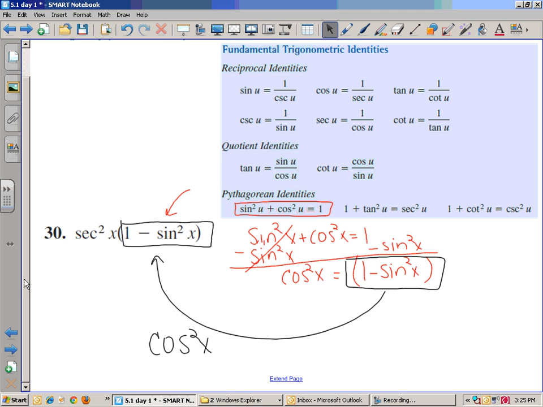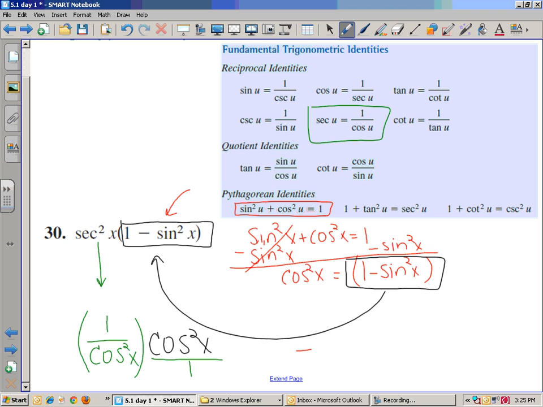Now, I want to remember that secant squared, or even secant. What is secant? Secant is 1 over cosine. So this is going to become 1 over cosine squared x. So you have cosine squared x over 1 times 1 over cosine squared, and that's just 1.